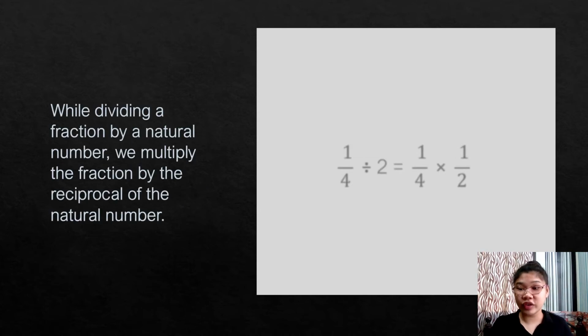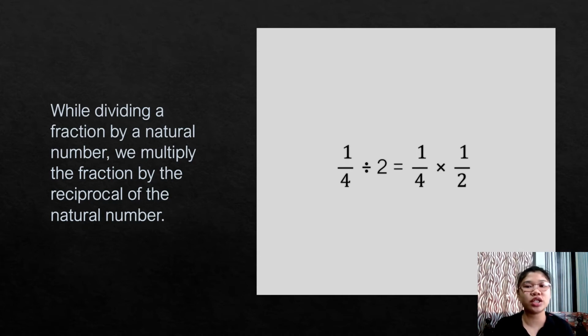Next, while dividing a fraction by a natural number, here's what you're going to do. Multiply the fraction by the reciprocal of the natural number. As an example, we have 1/4, the fraction, divided by the natural number 2, wherein technically 2 is equal to 2 over 1.